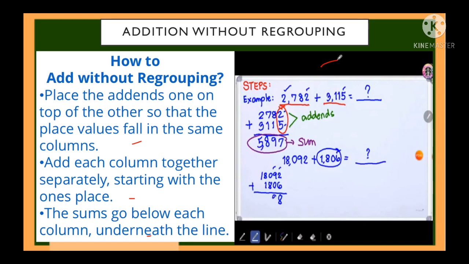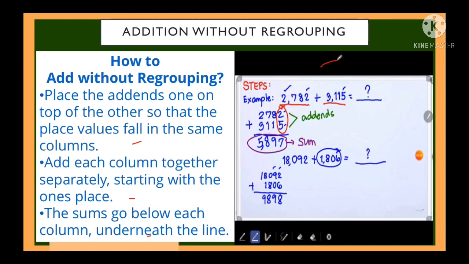Very good. And then 0 plus 8 is 8. Good. And then 8 plus 1 is 9.